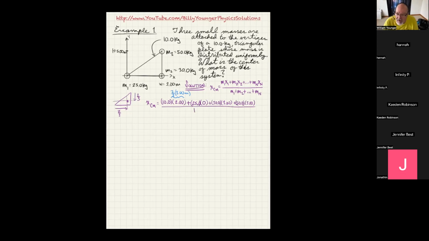Wait a second, 65 plus 50, that'd be 115, right? Okay. So this is going to be 115, and all of them had one decimal place, so I'm going to say 115 kilograms. 10 plus 25 is 35, plus 30 is 65, 65 plus 50, yeah, that's 115. Okay, so we got all that.